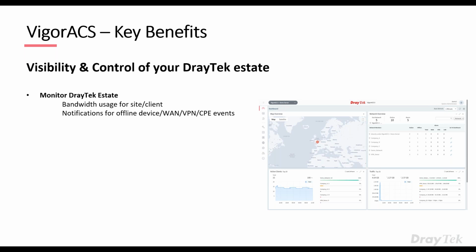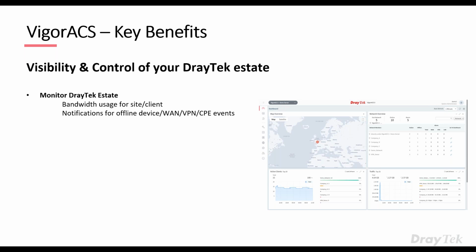The DrayTek devices will poll in by default every 15 minutes, but this is something you can change if you have a self-hosted environment. If the devices no longer poll into the server, Vigor ACS will generate offline alarms.